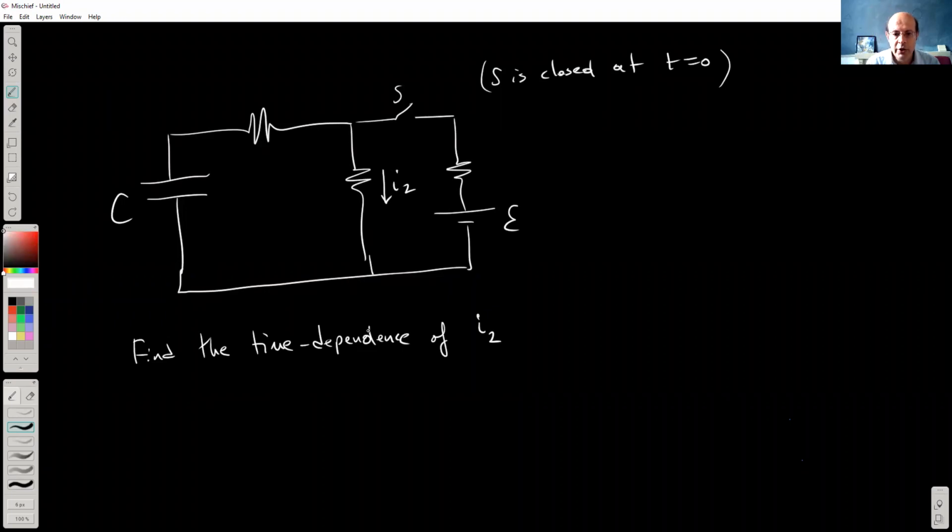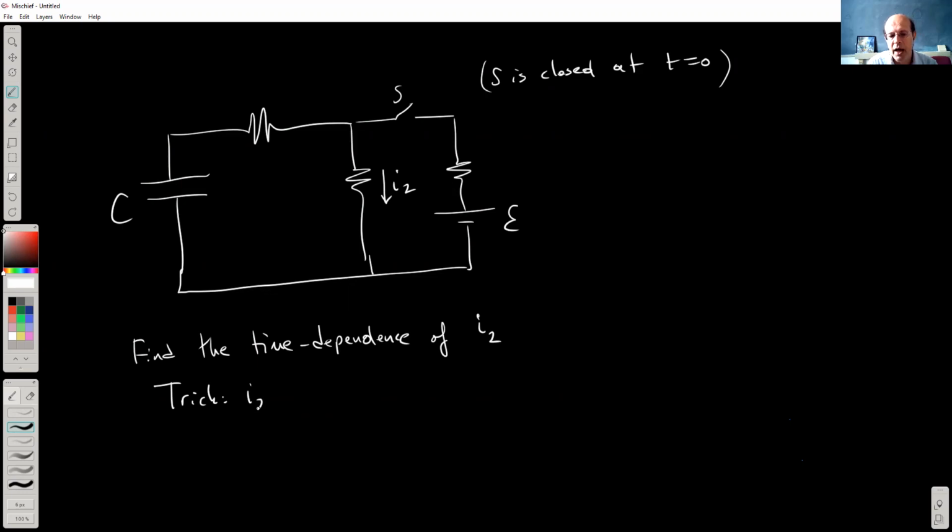Okay, so the idea in here is this, right? You can basically write down the differential equation for I2 and solve it. That's a possibility. But there's a nice trick in here. This current I2, or any other current or charge variable on the circuit, always has a certain time dependence that we have seen.